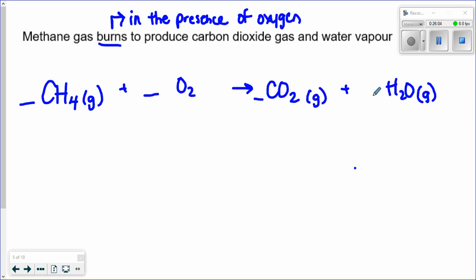So the way that you would know that, again, is because methane is a hydrocarbon. We're producing carbon dioxide and water vapor. So in order to have these oxygens coming out, we need to have oxygen going into the equation, right? There's no oxygen in methane. So we couldn't produce carbon dioxide and water unless there was oxygen present.